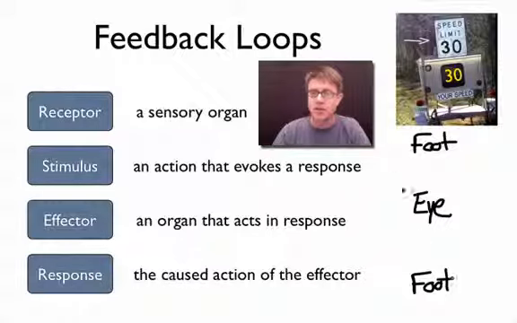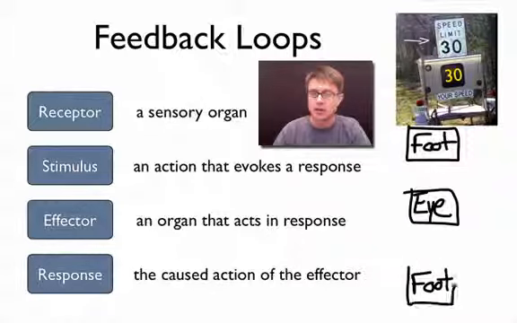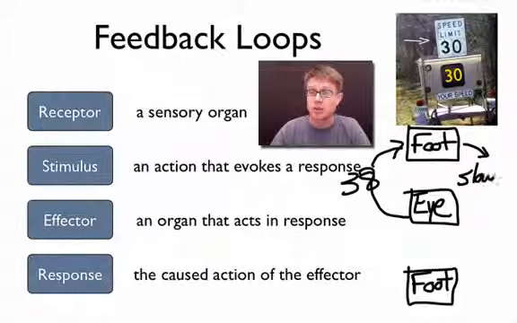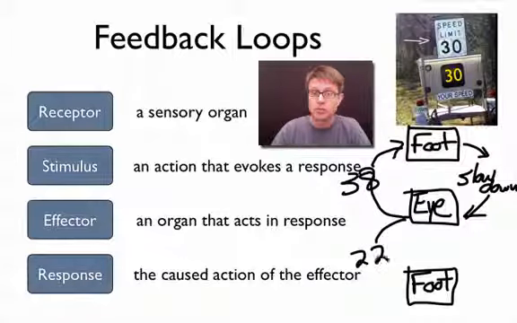So those are the organs: an eye, a foot, and a foot at the bottom. This is my receptor, and these are my effectors on either side. If we talk about what the stimulus is, let's say you're going, I don't know, 38 miles an hour. What's going to be your response? Your response is going to be to slow down. Let's say all of a sudden you're going 22 miles an hour.